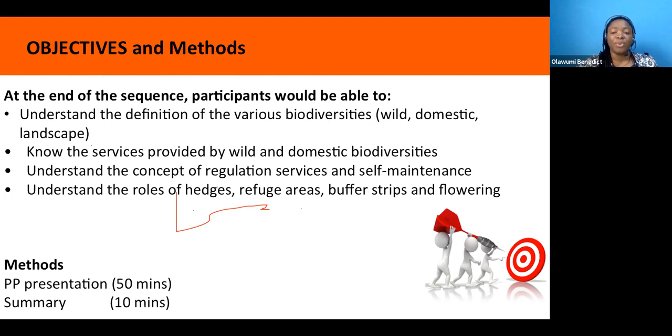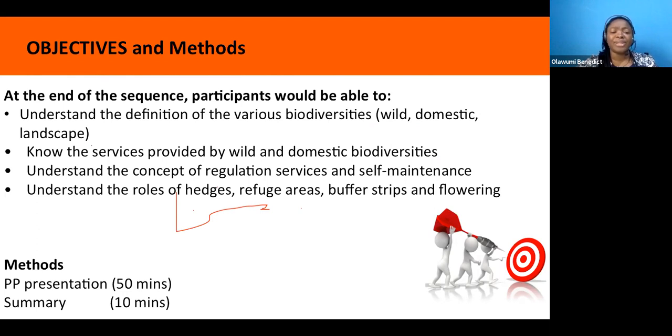These are the 2 different ones we'll learn in this sequence. Then we understand the concept of regulation services and self-maintenance. There are some regulations concerning biodiversity. Then we understand the role of hedges, the refuge areas, buffer zones, strips, and flowering.